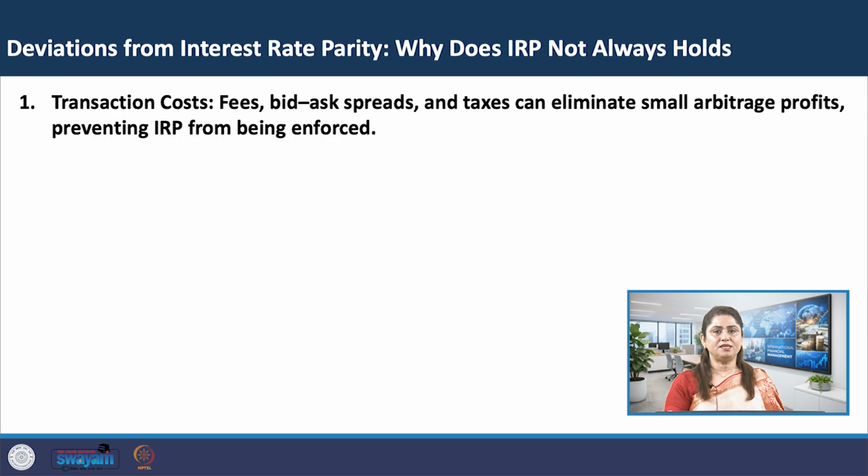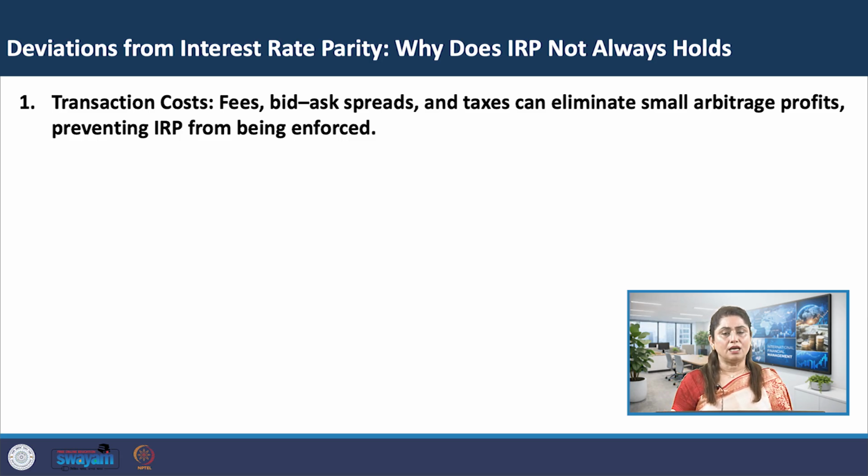Now let us talk about the deviations from IRP. So far we have been discussing IRP as though it always holds perfectly, but in the real world, like PPP and IFE before it, IRP does not always hold exactly. Let us understand why. The first reason is transaction cost. Every currency exchange, every borrowing, every forward contract comes with a fee, that is bid ask spreads, and sometimes taxes also.